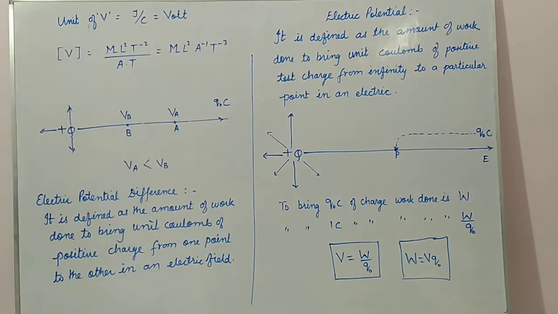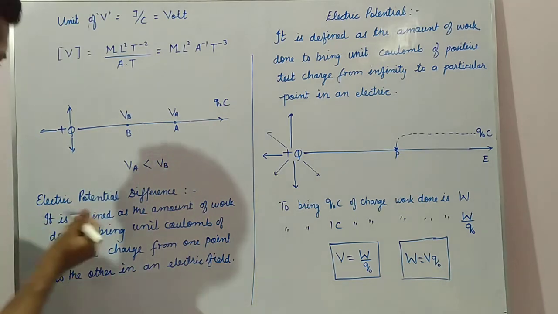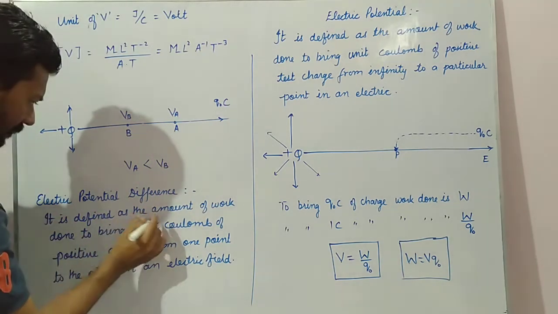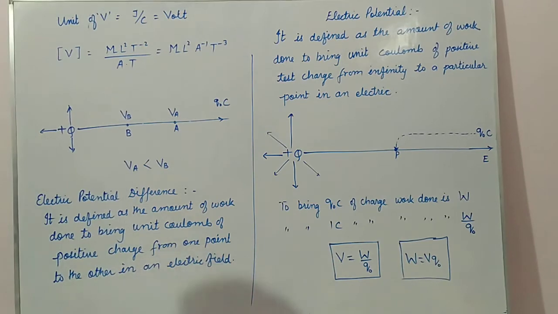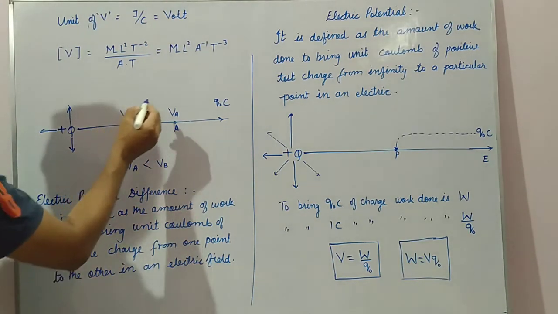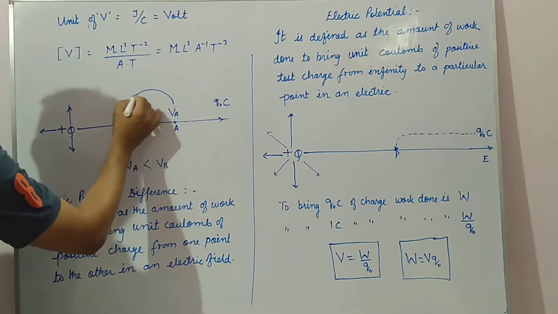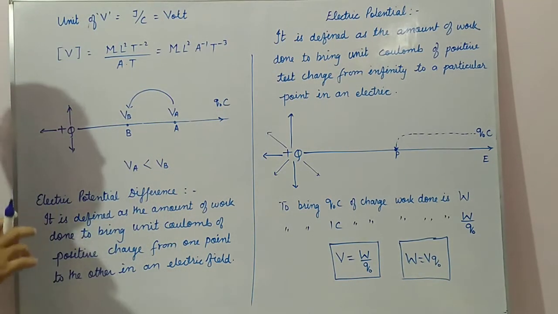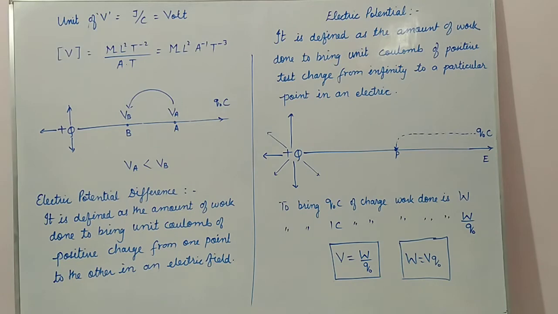So here, the amount of work done to bring unit coulomb of positive charge from one point to the other, that is termed as electric potential difference.